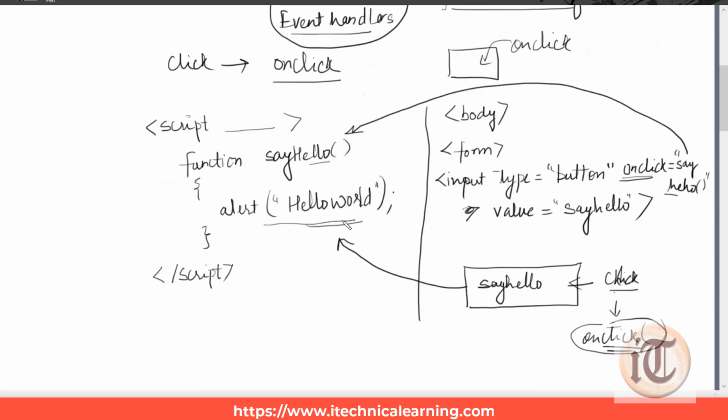This is the kind of work we can perform using events. It is basically a collaboration of HTML and JavaScript, where we perform certain activities using HTML elements with the help of JavaScript, and that is the basic work of JavaScript. That's why we are studying this subject.